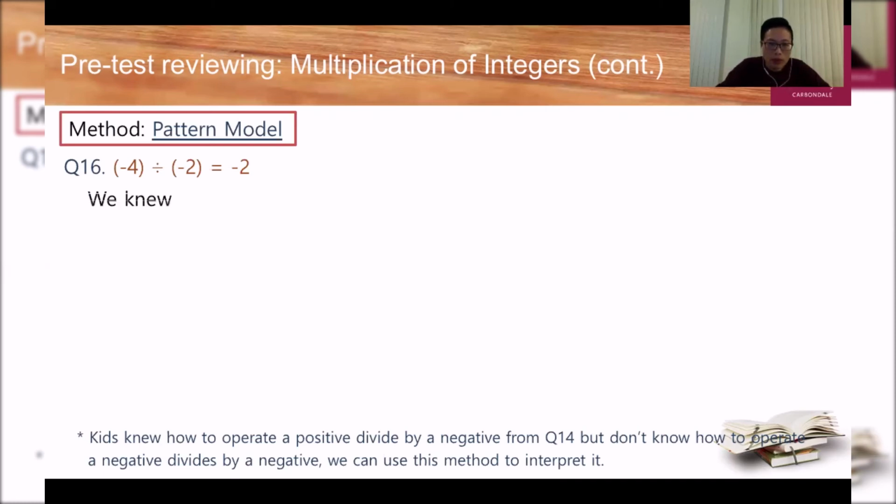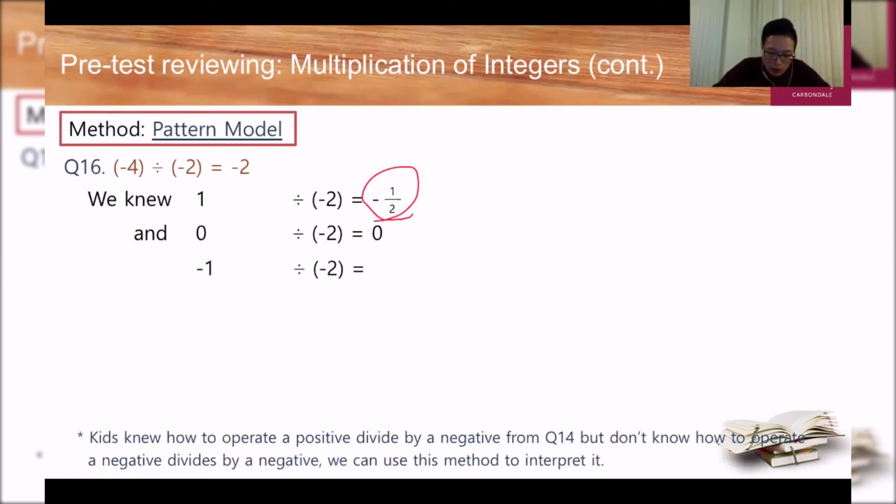We start from 1 divided by -2 is -1/2, right? And then 0 divided by -2 is 0. So here is a small pattern we found.